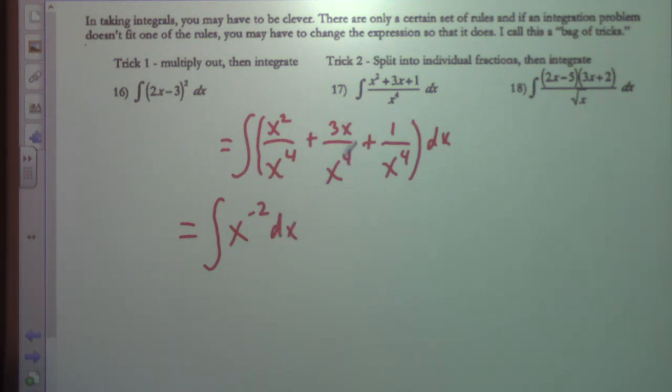That one's going to be negative 4. So this one here is going to be plus 3 x to the negative 3 dx. And the last one is going to be plus x to the negative 4 dx.